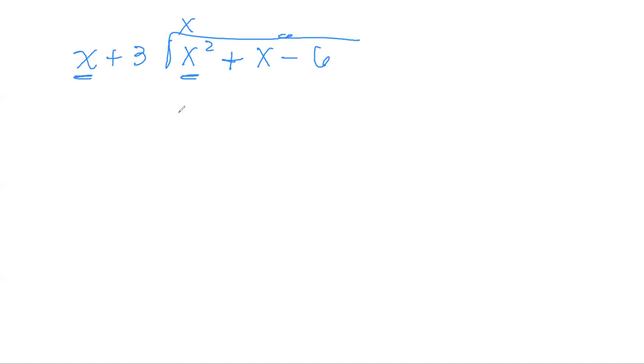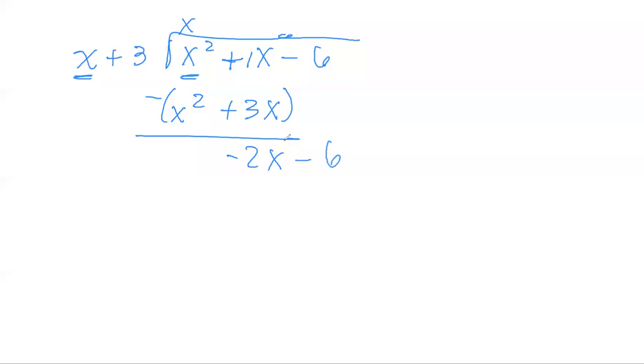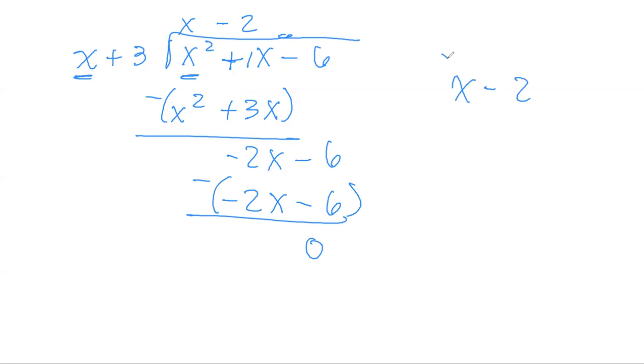And so I have x squared plus 3x, and I subtract that here, so I have 1 minus 3, so that's negative 2x minus 6. What do I multiply x by to get to negative 2x? That's just going to be minus 2. So negative 2x and then minus 6. I subtract that and I get 0. So my answer is just x minus 2.